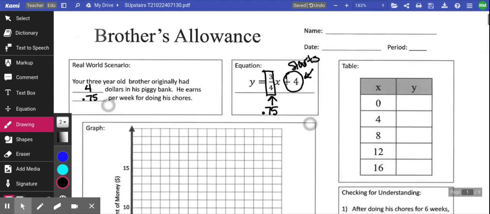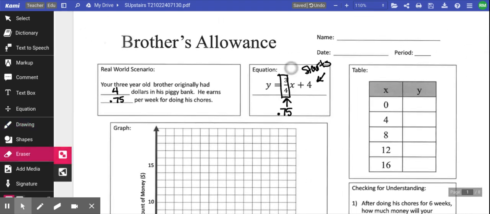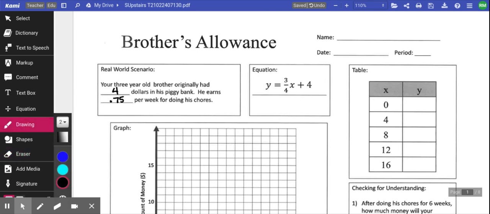Okay. So then we have this equation, and we can use this equation to fill out our table over here. So remember, our X is the number of weeks of him doing his chores, and this is how much money he has in his piggy bank.